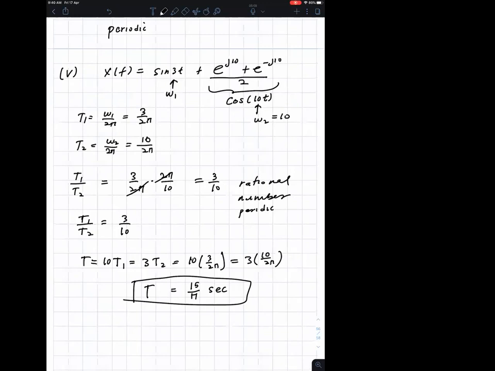Sir, isn't it supposed to be T equal to 2 pi over omega, am I right? Did I make a mistake here? T equal to 2 pi over omega? Supposed to be, I think so.